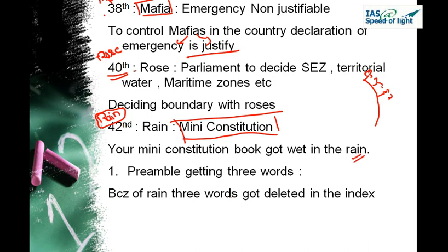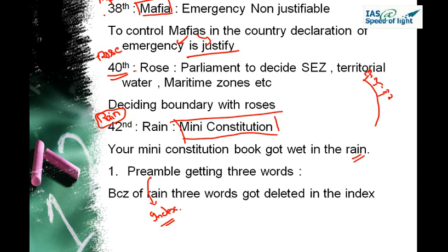So preamble getting 3 words, okay. Preamble is like the index of the book. It is the index of the constitution. So because of rain, 3 words got changed in the index. So because of this Amendment Act, 3 words were added to the preamble, which are socialist, secular, and integrity.